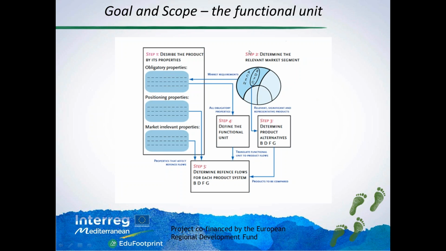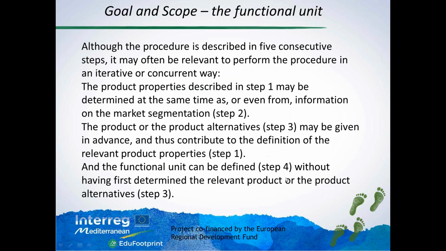And you have to understand which kind of market segment you are referring to, to determine your reference flows. Okay, so as you can see, all these steps are linked together, and in reality there is no clear boundary between all the steps.